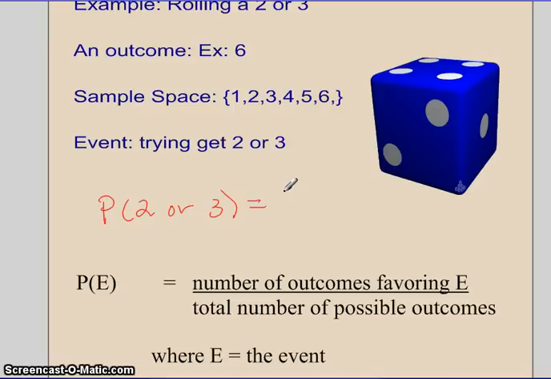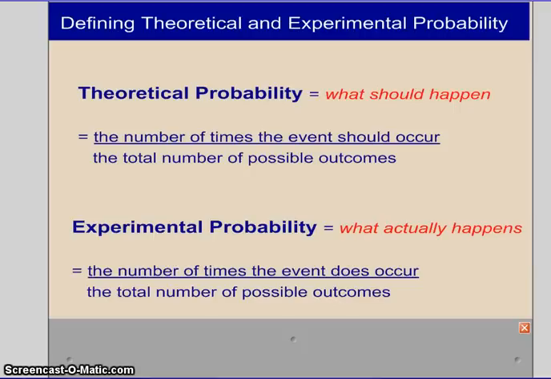We can't get both a 2 and a 3. So how many sides altogether have a 2 or a 3? 2, right? Out of how many total sides? And we can see them right here in our sample space. 6. So again, we're just using this formula, which is another way to write the formula we saw for theoretical probability.